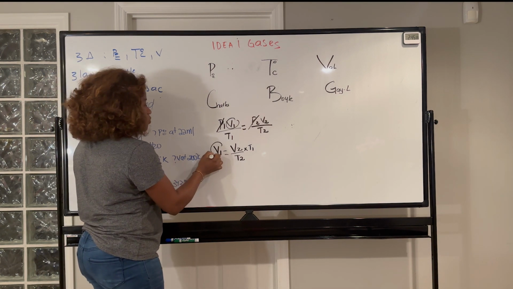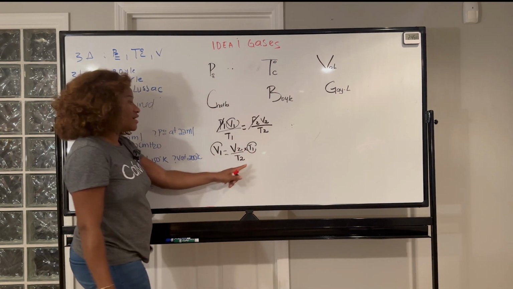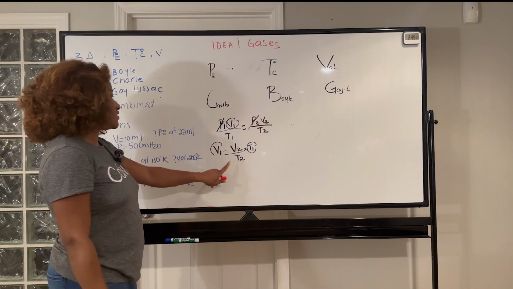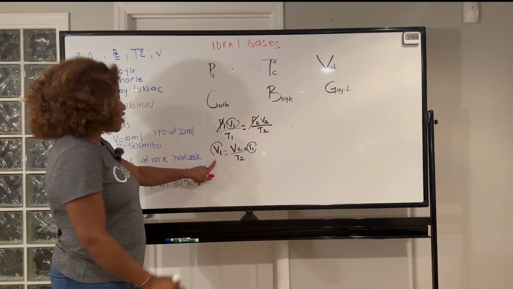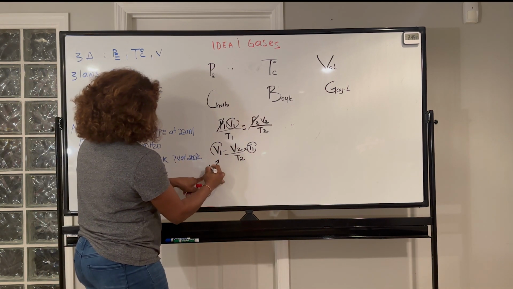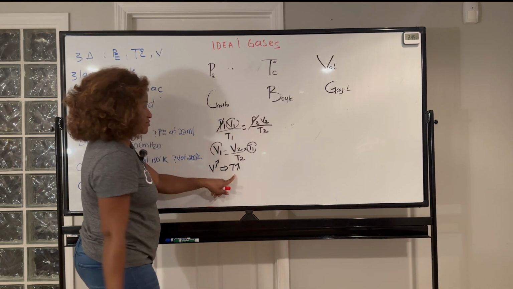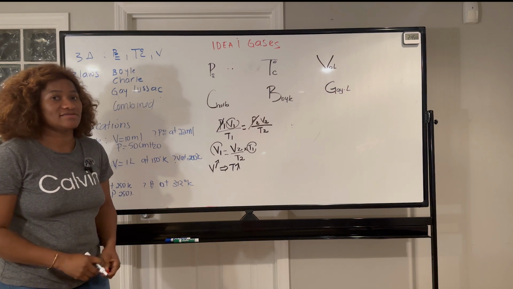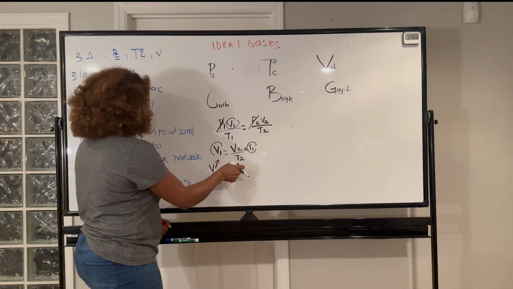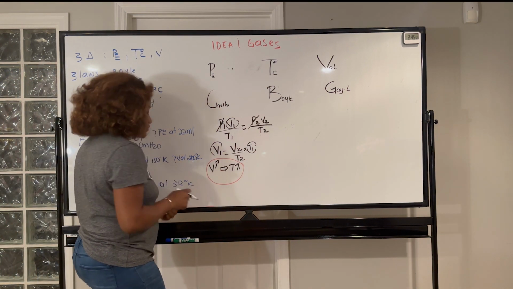Now, because V1 is on the same side as T1, I can deduce that as my volume increases, my temperature increases too. And that's what Charles' law says. As the volume increases, the temperature increases.